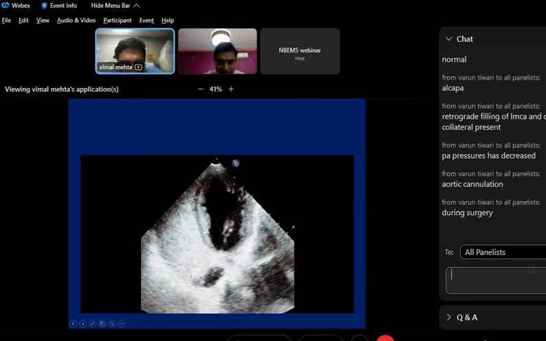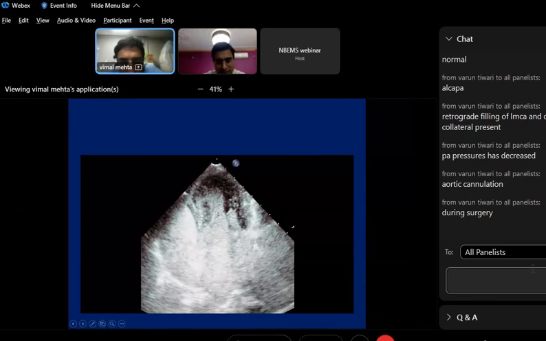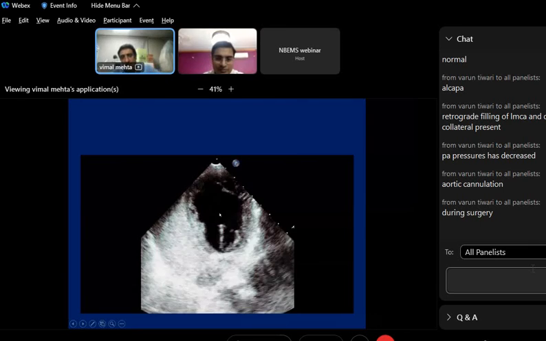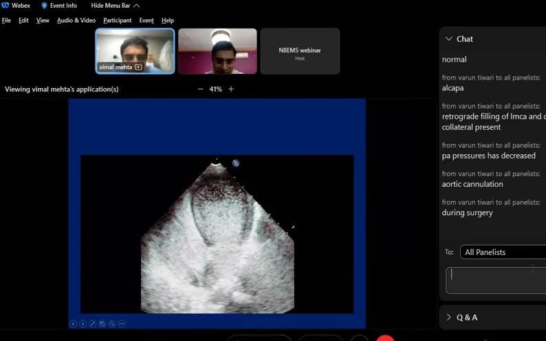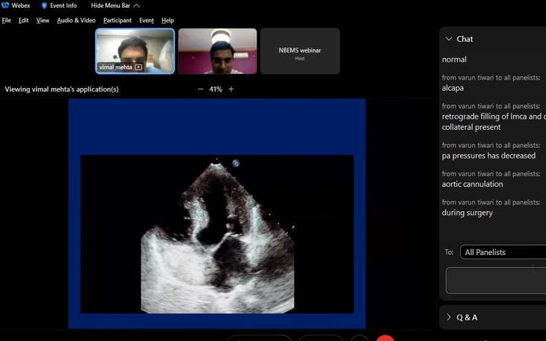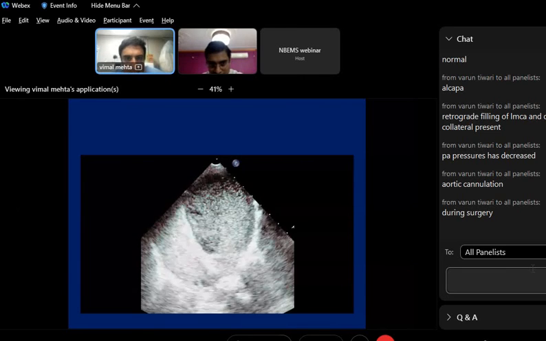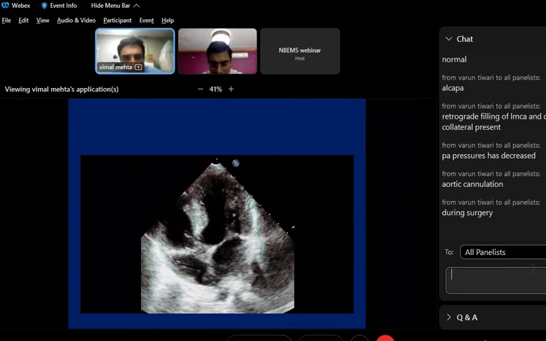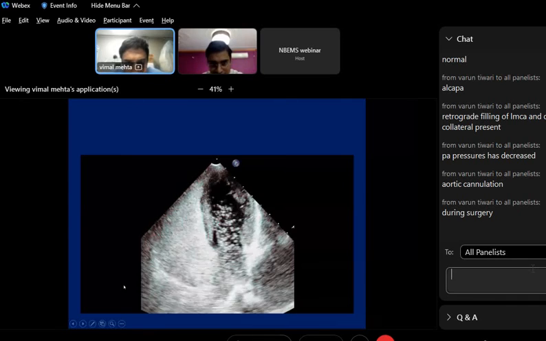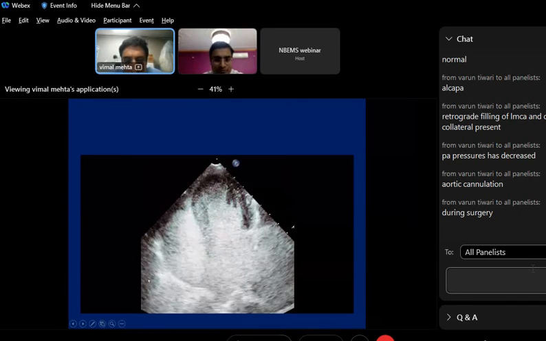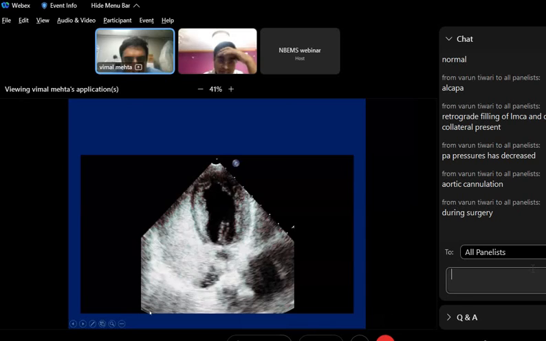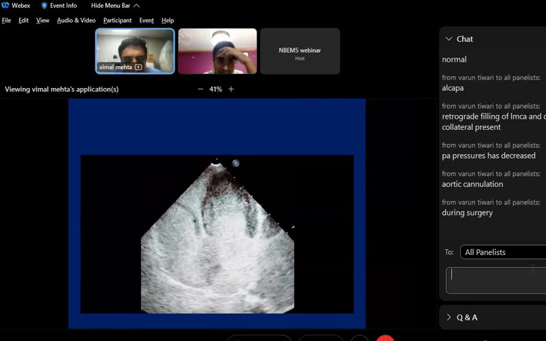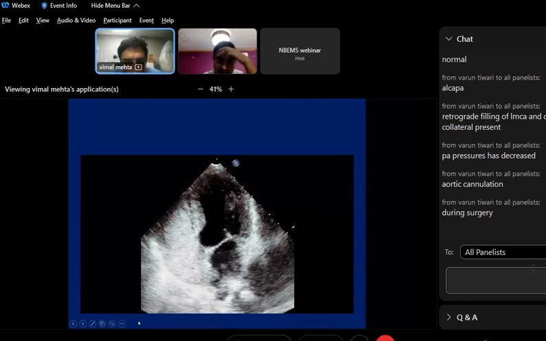Plus, with this kind of opacification, two things are clear. Whatever it is, it is large. If it is a pulmonary fistula, it is large. If it is ASD, it is large. If it is VSD, it is large because the atria are filling first. So VSD and PDA are practically ruled out.